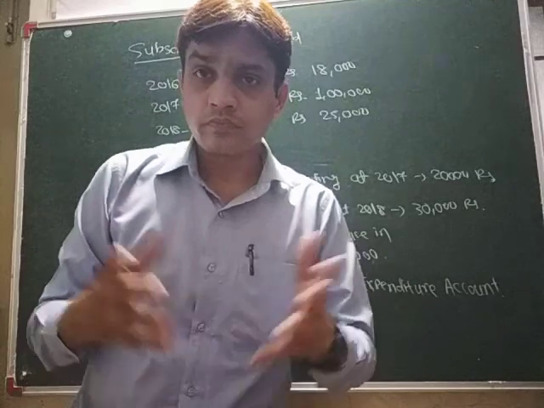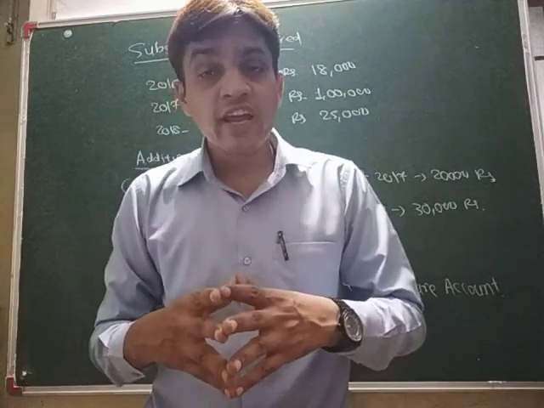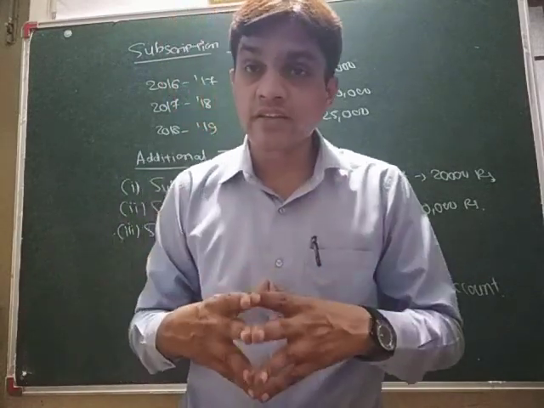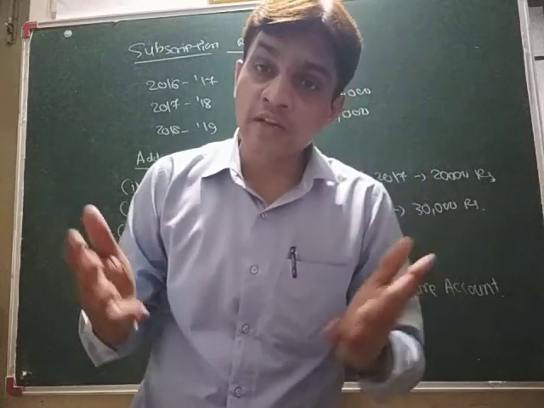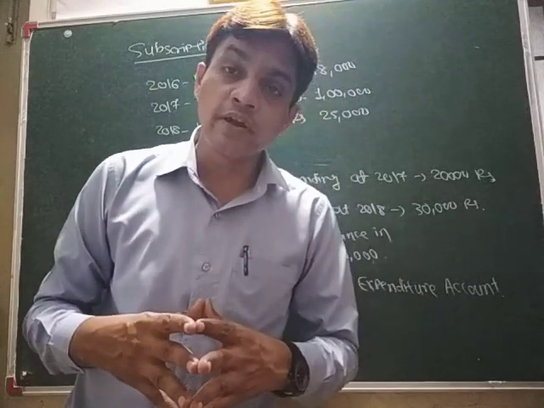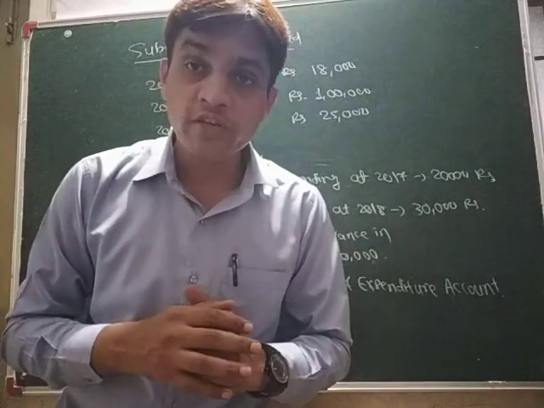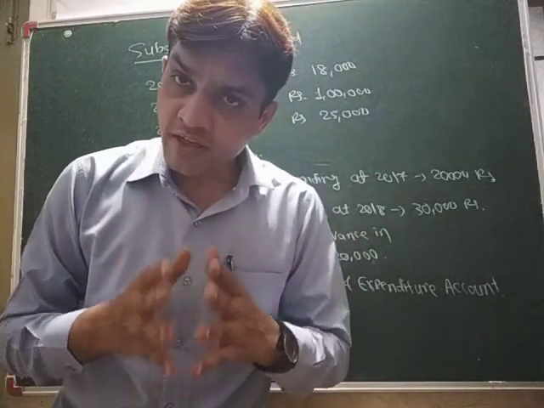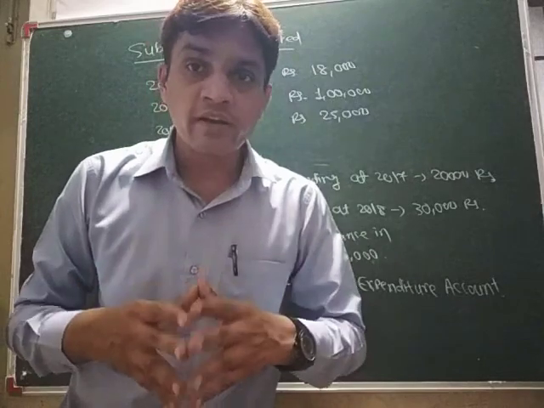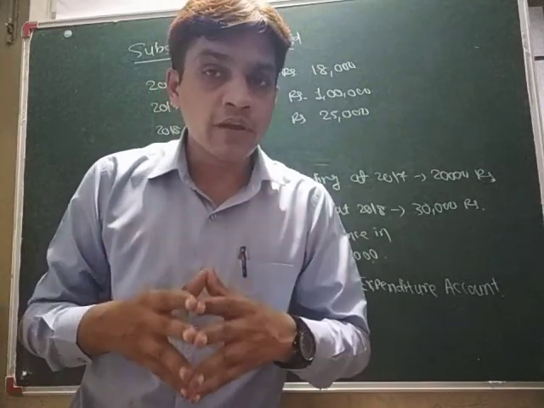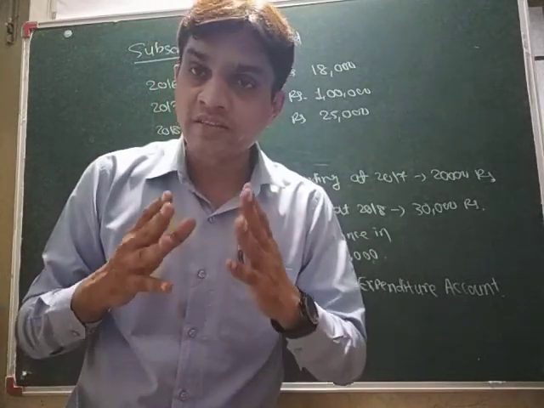So there is confusion if an outstanding entry is given or an advance received entry is given. So what to do about that? For the solution of this confusion, we will see one problem in this video.